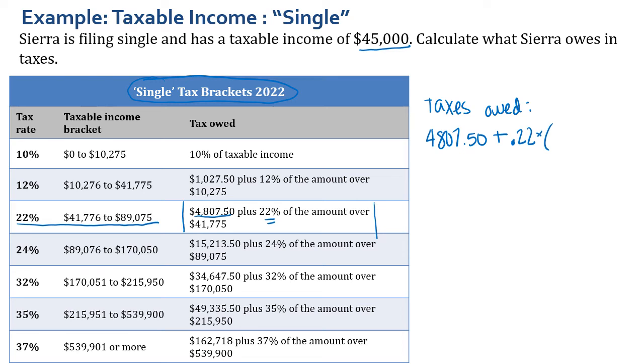To figure that amount, we'll take what she made, $45,000, and subtract $41,775 from that. This difference is the amount that she made over $41,775. So when we put that into a calculator, we end up getting $5,516.50.